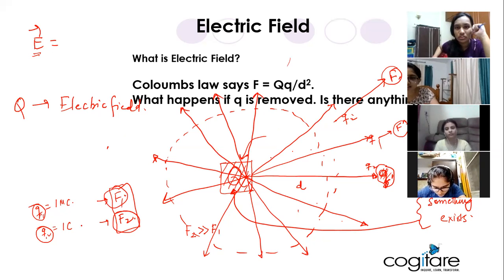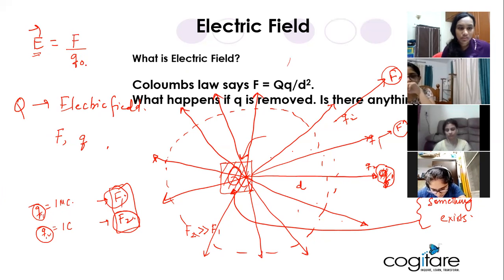Force into charge. Charge, like Q, the charge. Good, very good. So electric field is going to be based on F, and it is going to be based on Q. In fact, electric field is nothing but force divided by Q. Are you able to understand?